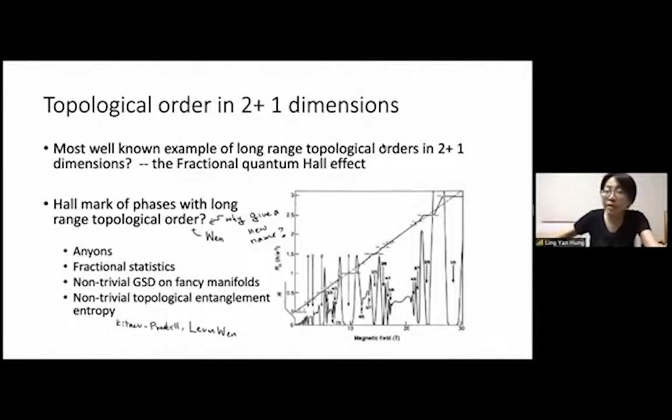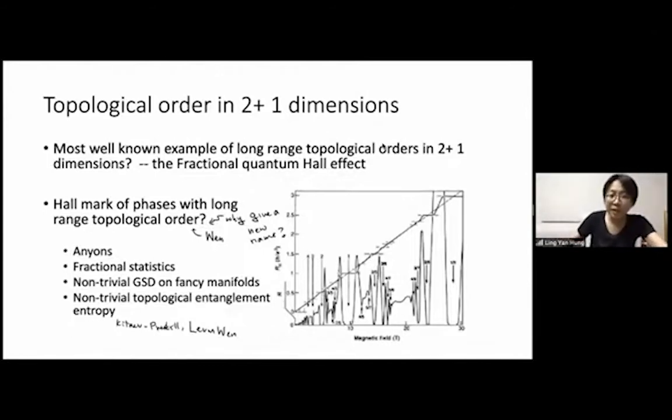And so it means that this excitation, even though it looks local, has something non-local about it, and they're not allowed to be created by themselves. And these anyons exhibit highly non-trivial statistics, fractional statistics, or even non-abelian mutual statistics.